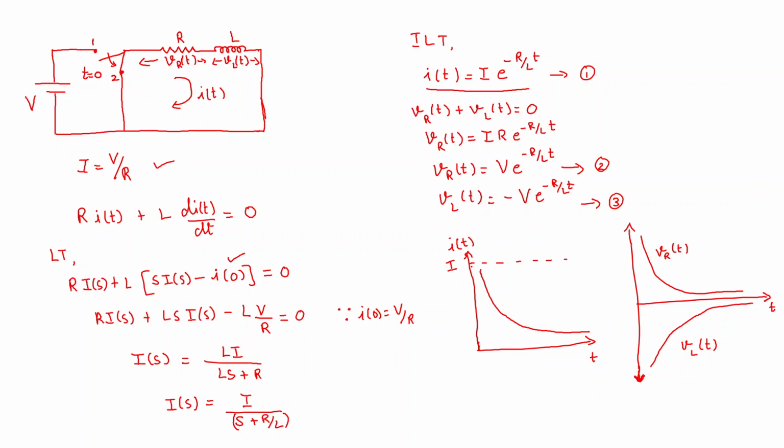So you can see that i of t decays to 0 when time t tends to infinity. This is the pictorial representation of equation number 1, and correspondingly you can see plus V and minus V. These are the graphs for VR of t and VL of t.